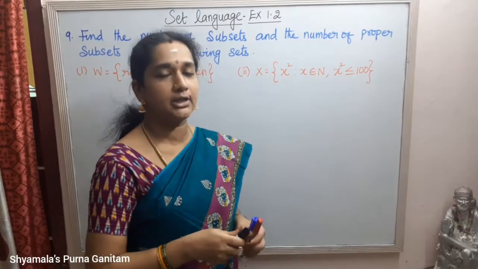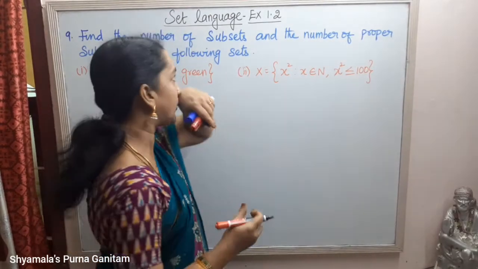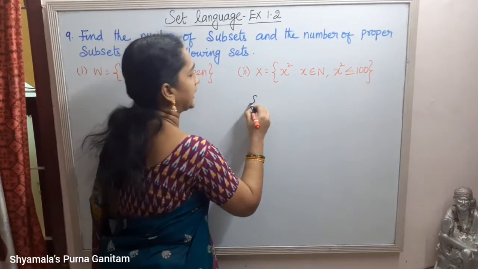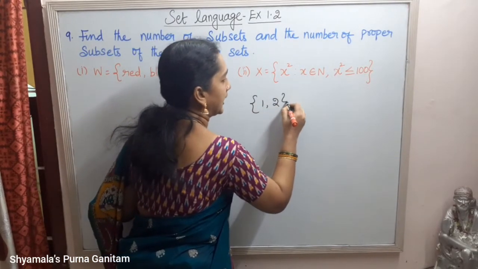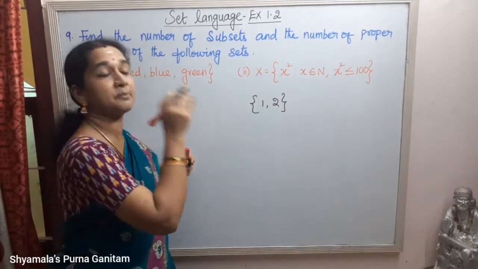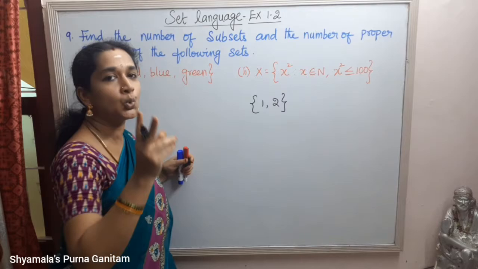Before going into this, I will tell you how to find the number of proper subsets. Okay, if you take a set with elements 1 and 2, how many subsets are there for these two elements?